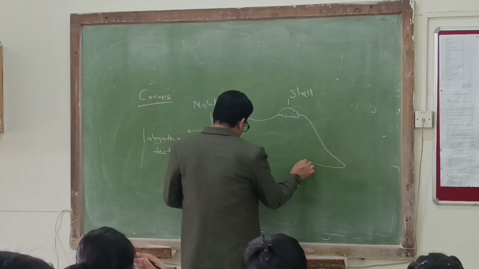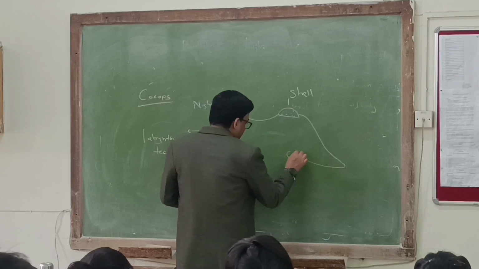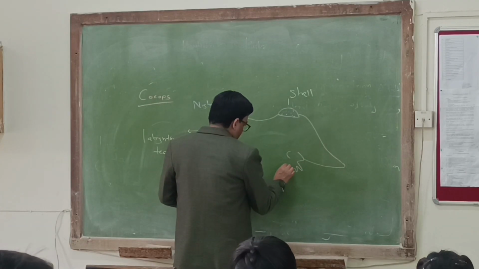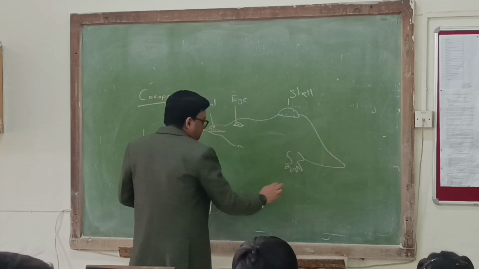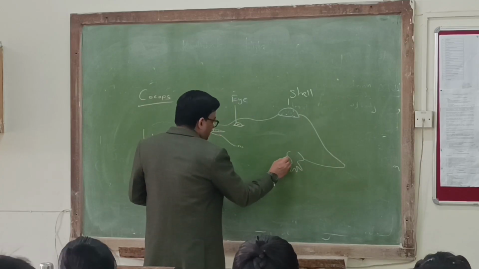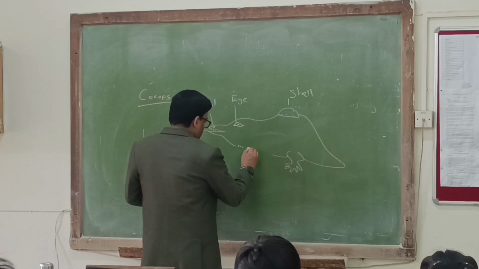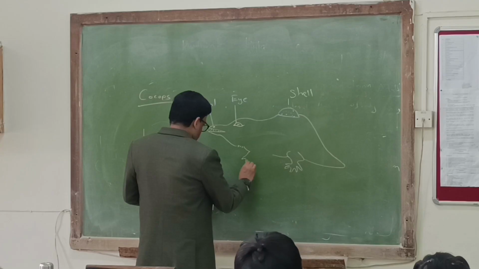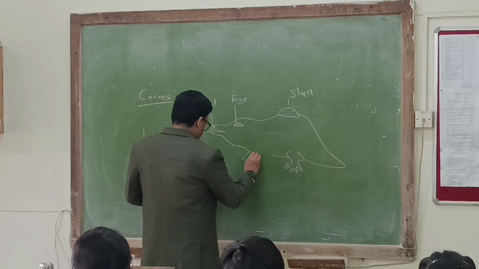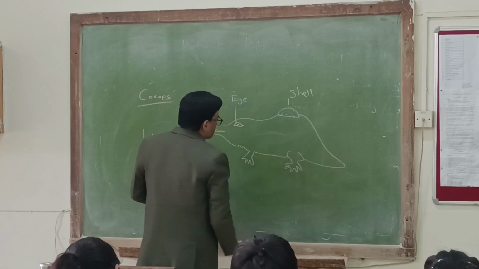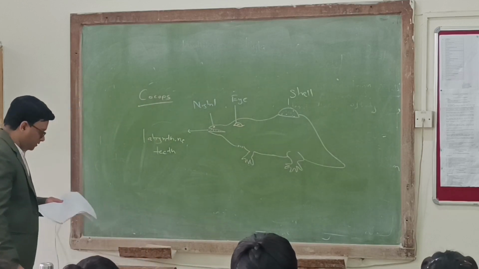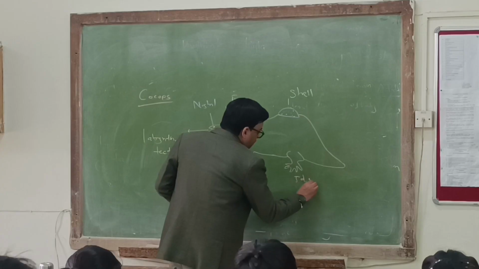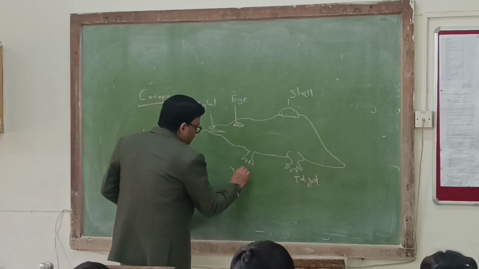They have a short tail, and then they have legs. One, two, three, four, five, and then they have a forelimb also with 4 digits, and the hind leg has 5 digits. 5 digits, 4 digits.